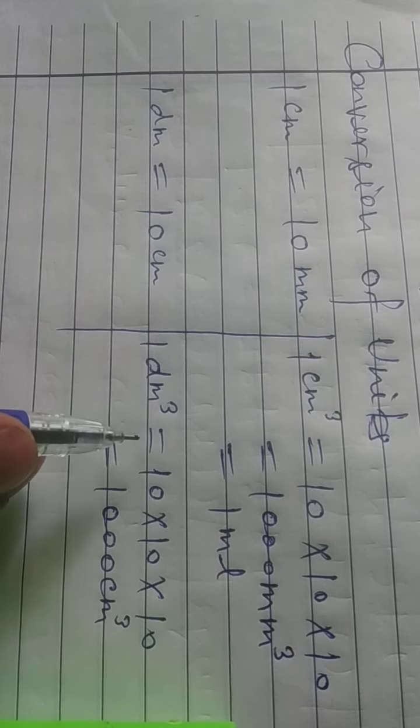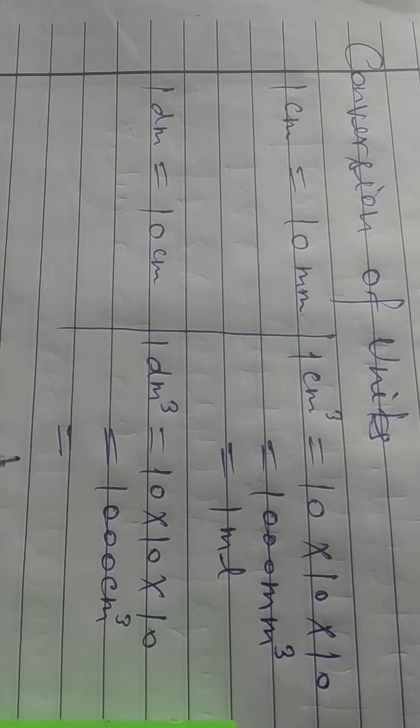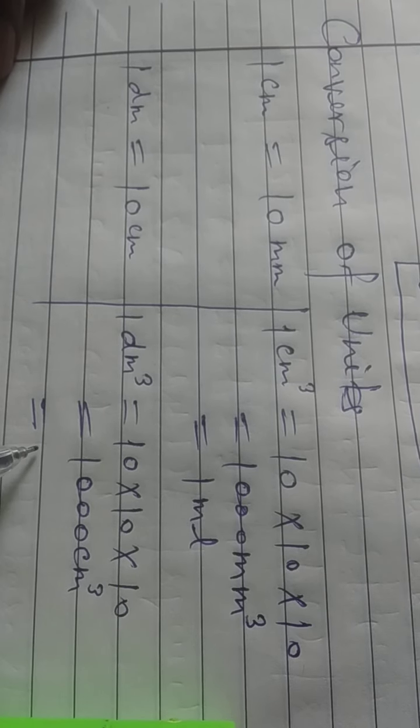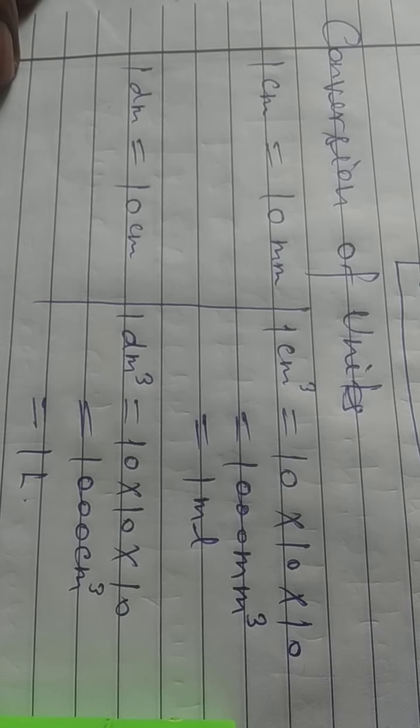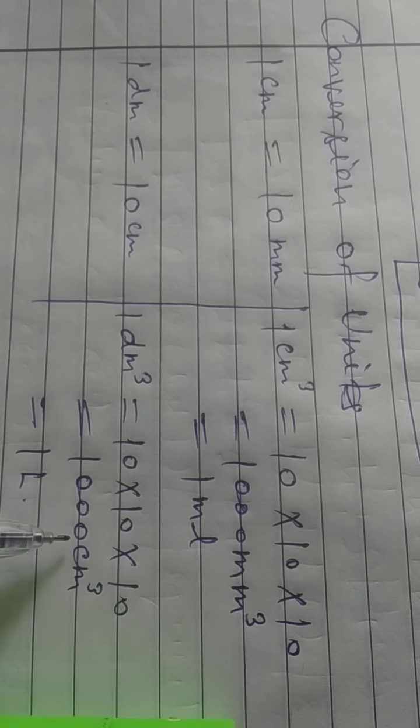This volume is also known as 1 liter. This is the space occupied by 1 liter of any liquid, and in solids we can say that 1 liter is equal to 1000 centimeter cube.